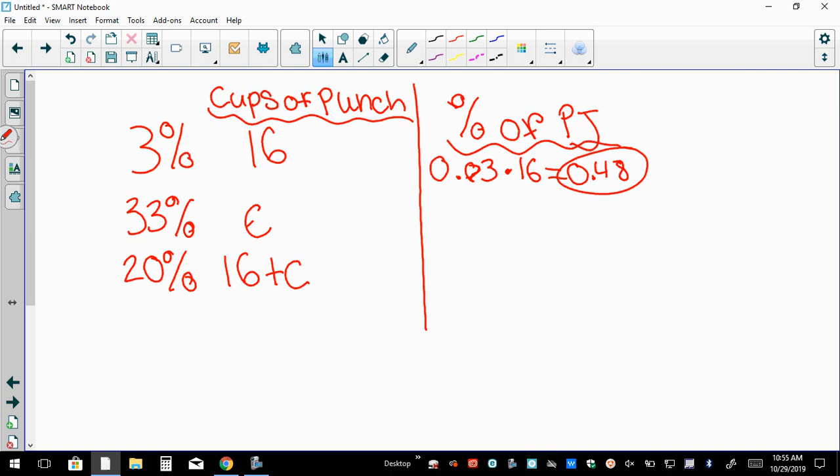And then for this, you just put the percent as a number times C, because we don't know what it is, so you can't really do anything. 0.33 times C. And then 20% as a number, which is 0.2, times this number.